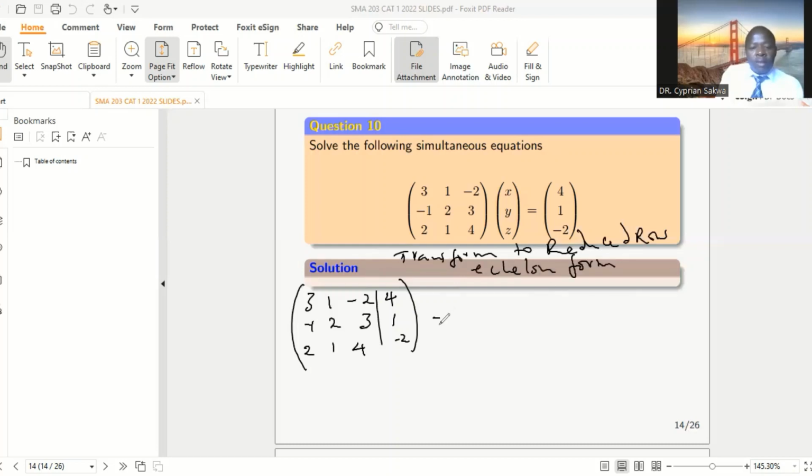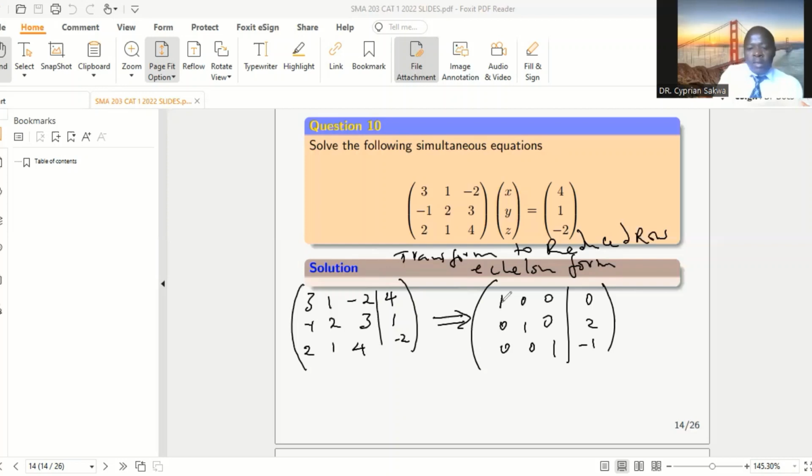When you do that, I'll just write the final result, and you can do the steps later. The final result will be 1, 0, 0, 0, 1, 0, 0, 0, 1, and this will be 0, 2, negative 1.